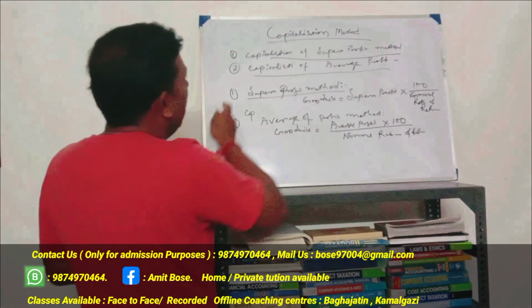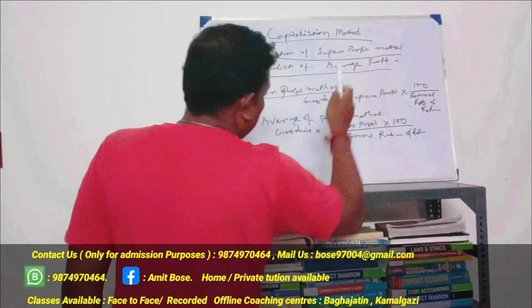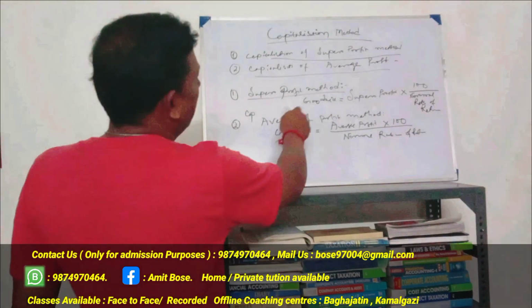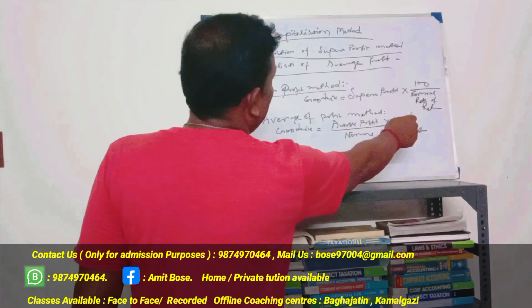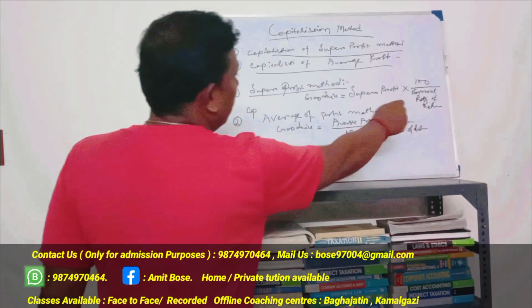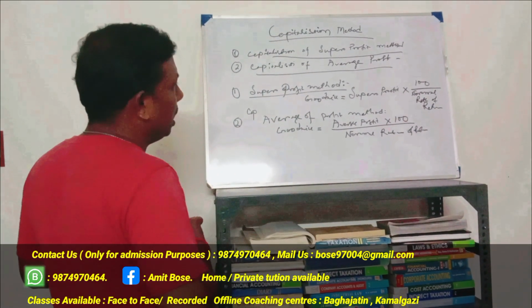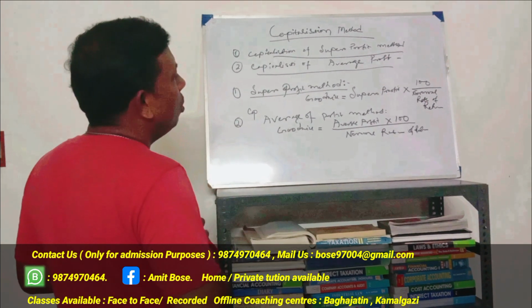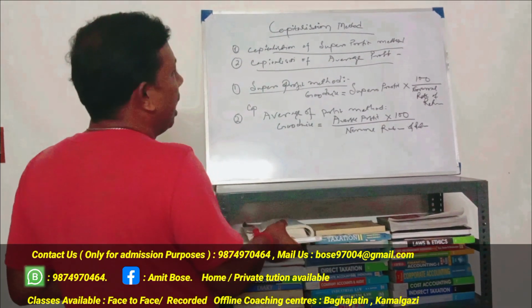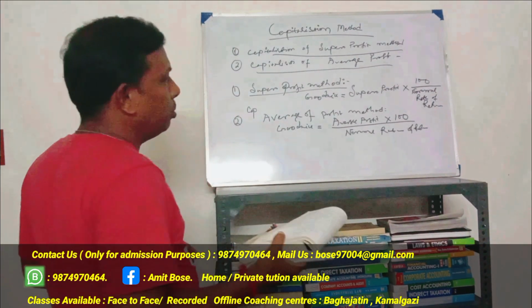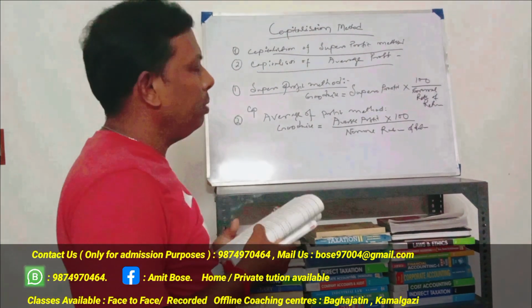Today I will tell you about the capitalization of super profit method: goodwill equals super profit into 100 divided by normal rate of return. At first you find out the super profit in the problem sum.